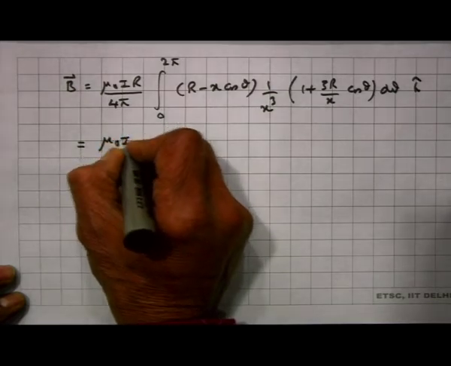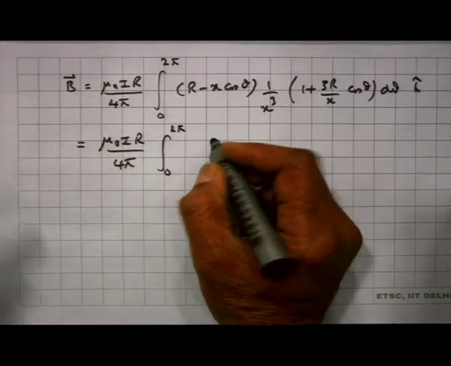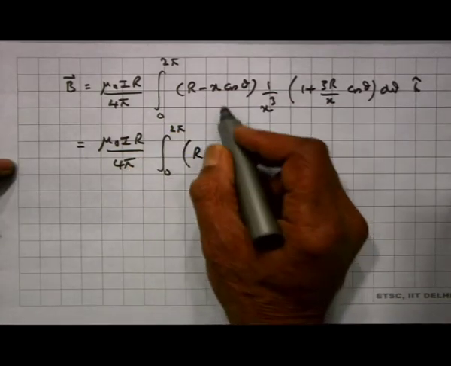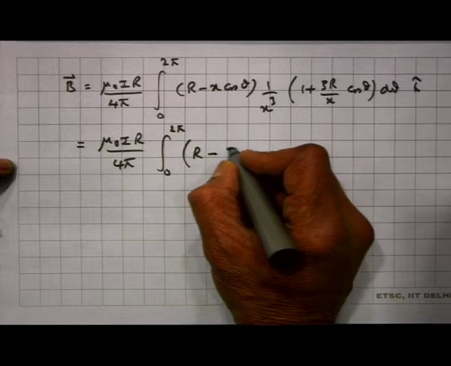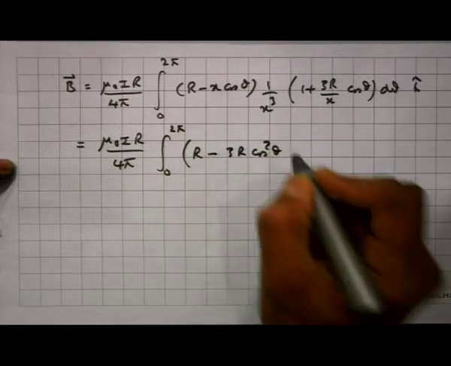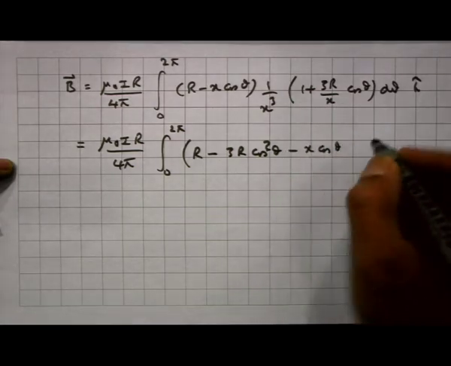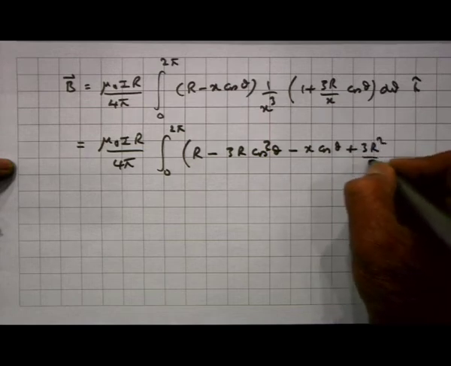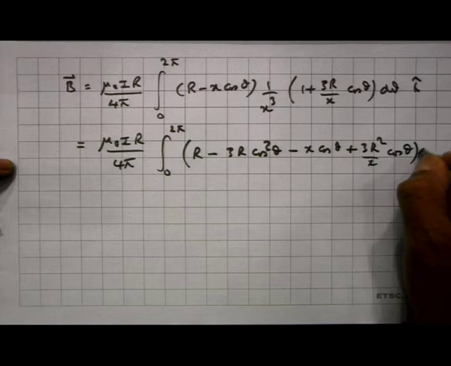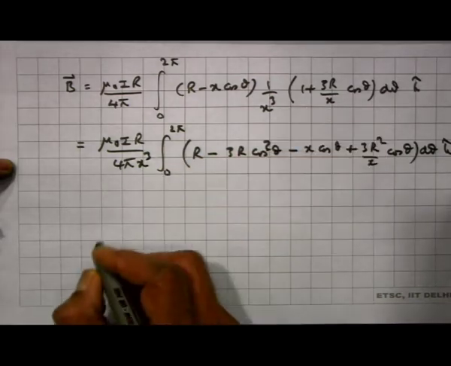Mu 0 I r by 4 pi, 0 to 2 pi, I get r into 1 is r, and then second term into second term is minus 3 r cos square theta, then I have minus x cos theta, then I have plus 3 r square by x cos theta, d theta k cap, and there is an x cube, this denominator x cube.